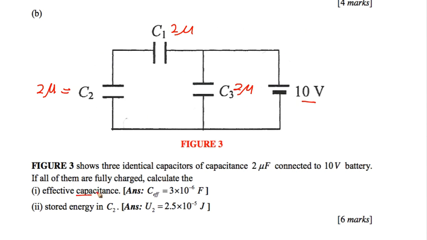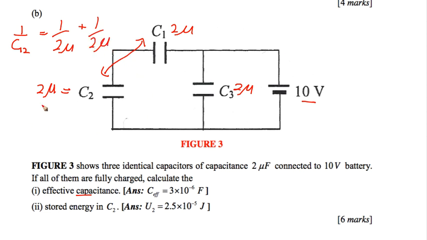To calculate the effective capacitance, consider C1 and C2. Because C1 and C2 are in series, the effective capacitance for 1 and 2 is 1 over 2 microfarad plus 1 over 2 microfarad.